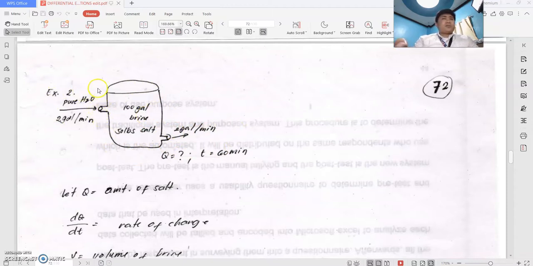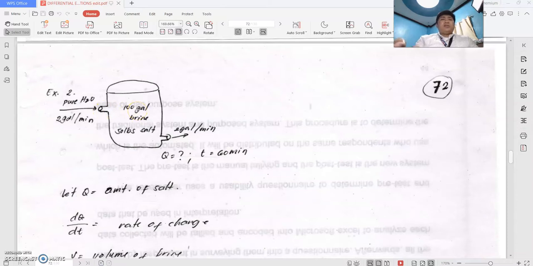So let's try to prove. So actually the correct answer here without solving is, kung tanawon nato, even though they have the same rate that enters and flows out, we cannot say that the salt will be the same, since the one that enters is not anymore a salt solution or brine. It is already water that enters.